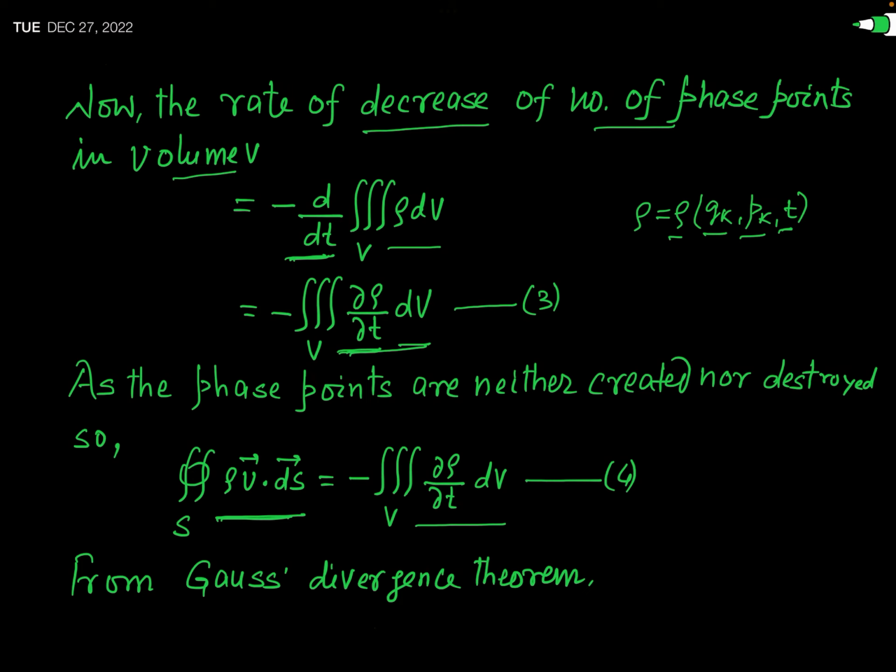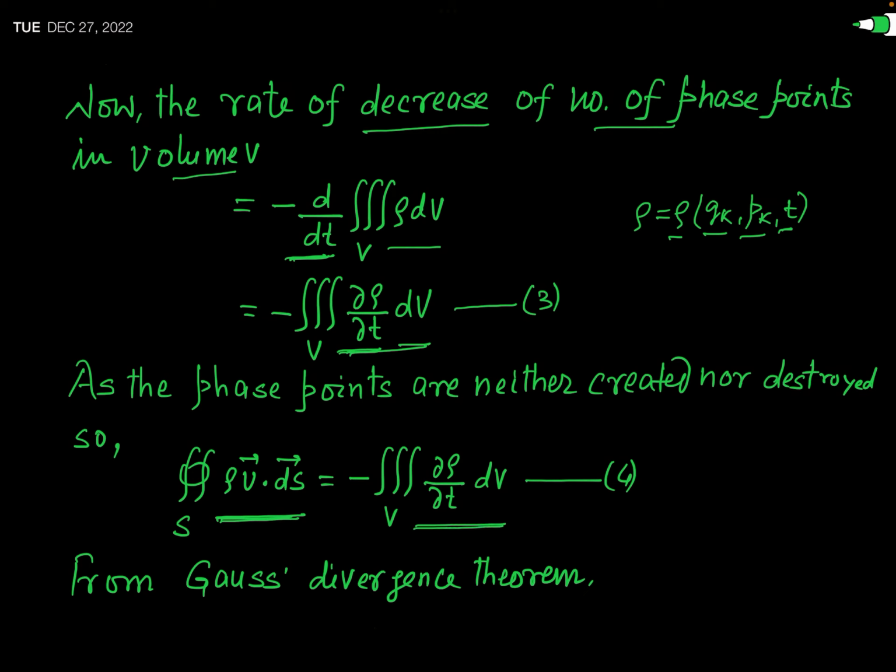Okay, and so I have equated these two values, that is, integral over S of rho v dot dS is equal to minus integral over V of del rho by del t dV.